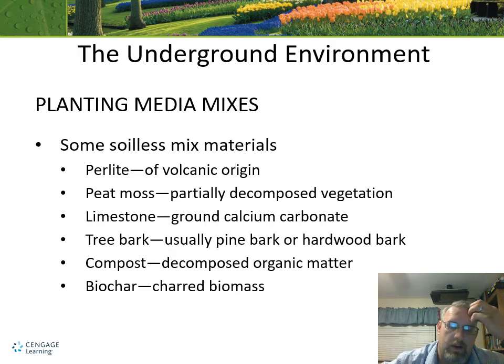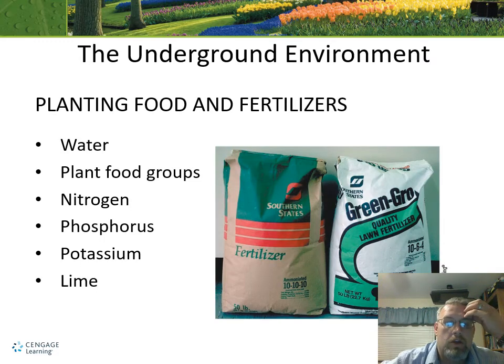charred biomass. So when we're talking about fertilizers, there are artificial fertilizers, and typically these are used to introduce nitrogen, phosphorus, or potassium, also known, and you'll hear me talk about it as NPK: nitrogen, phosphorus, and the K stands for potassium, and these initials come from the periodic table of elements.